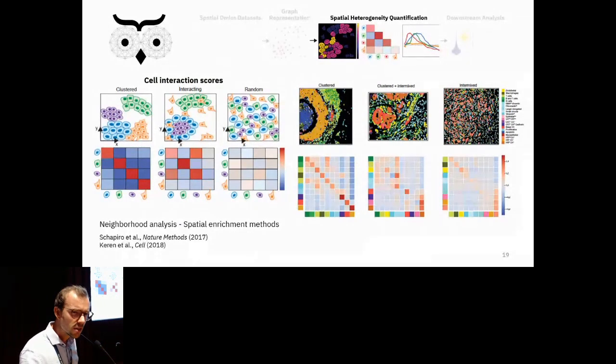So when you calculate the cell interaction score, you were looking into how likely two cells are interacting with each other. Yeah. So was that calculated only based on whether two cells are close to each other or in contact with each other, or did you also look at particular ligand and receptors activity levels?